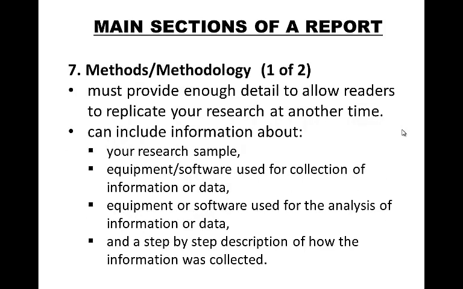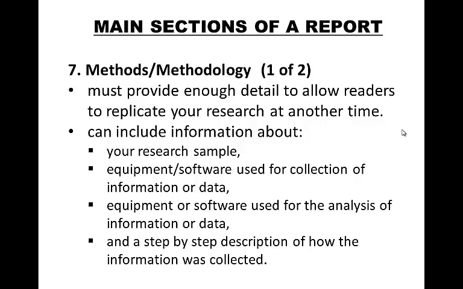The next main section of a report is the methods or methodology section. The methods section must provide enough detail to allow the reader to undertake the same research process or experiment that you are describing in your report at another time.